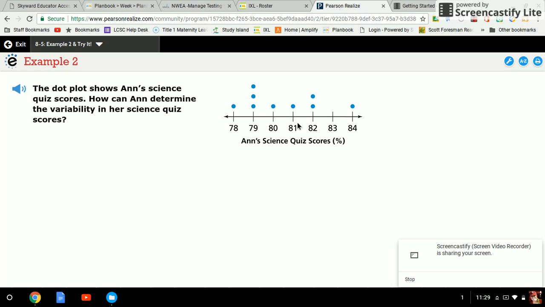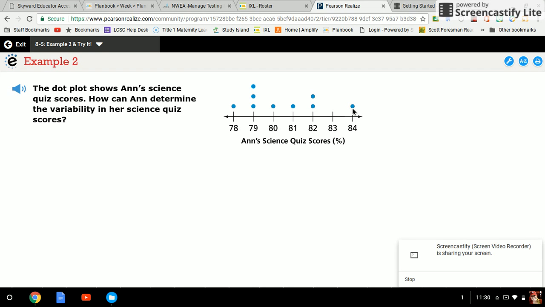Okay, so first, how do you interpret this dot plot? This means that she got 178, 379s, 180, 181, 282s, and 184. Did she have any 83s?